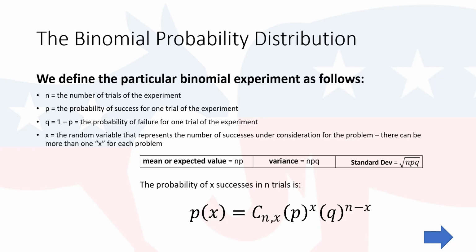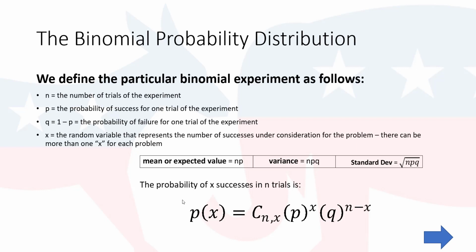Now that only works for what we call binomial experiments. The variance is simply n times p times q, and the standard deviation is the square root of the variance, which is the square root of n times p times q.